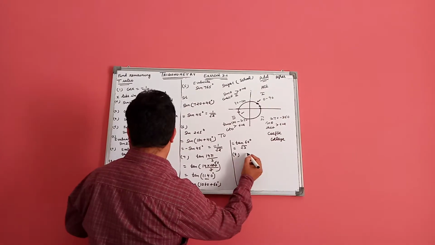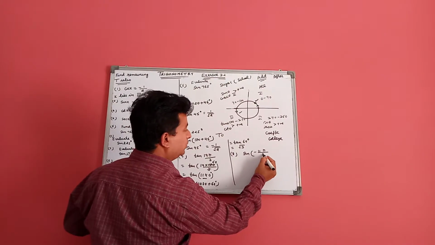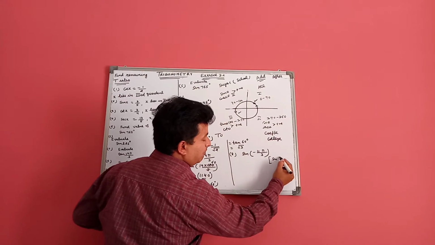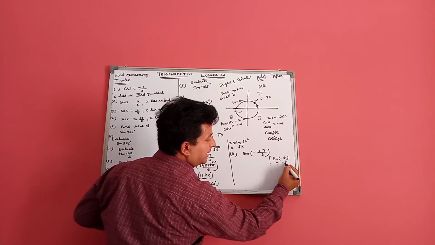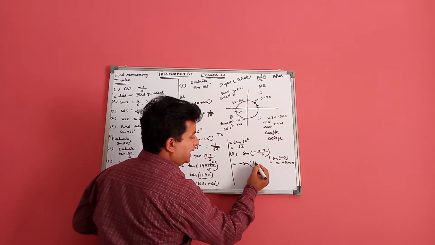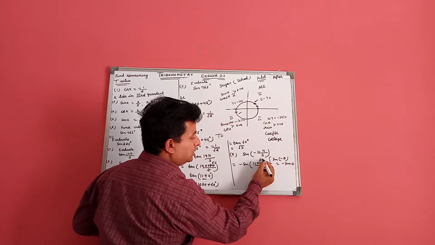In question number 8, the question is sine of minus 11 pi upon 3. As we know, sine of minus theta is equal to minus sine theta. So this value becomes minus sine 11 pi, with pi as 180, upon 3. This cancels out.